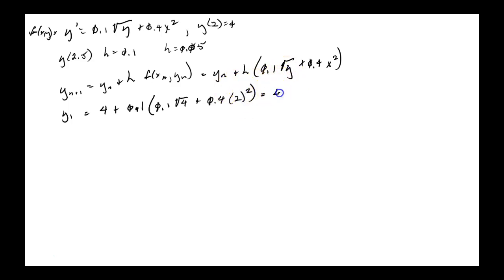Okay, and we've already done this. So this will be 4 plus 0.1 times 0.2, because 0.1 times 2 is 0.2, plus 0.4 times 4 is 1.6, okay? And this was 4.18, wasn't it?